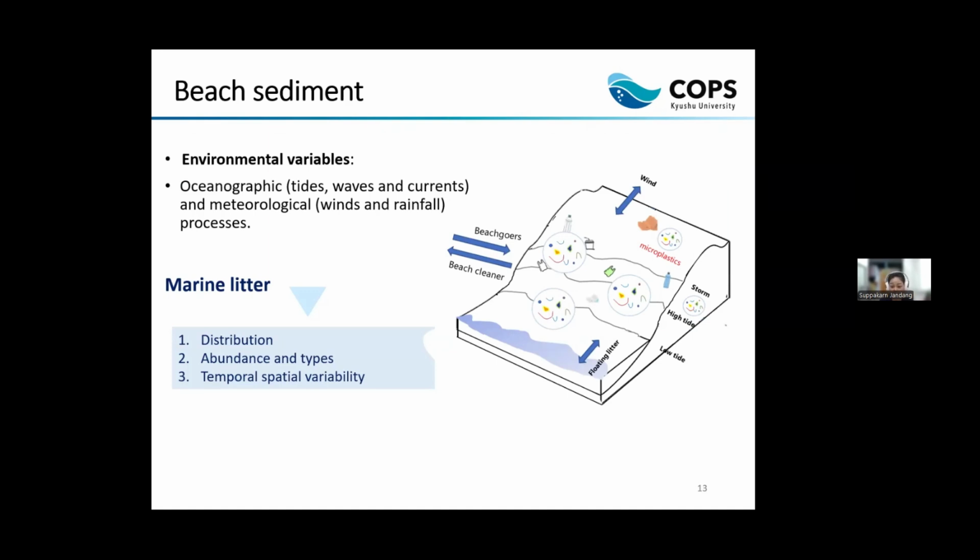The interaction with physical forces, such as waves and currents, combined with human activity and biological interaction, can lead to the widespread presence of microplastic on the beach as well. I think it's worth looking at microplastic on the beach, as you can see what factors can be involved with this accumulation.